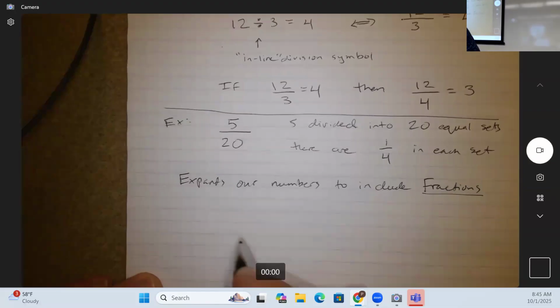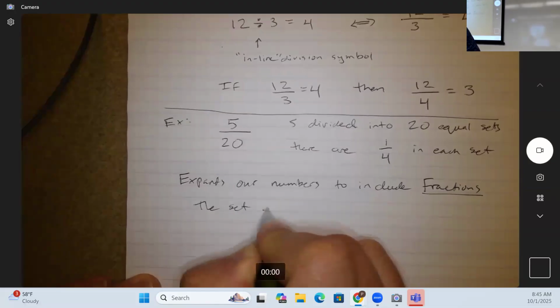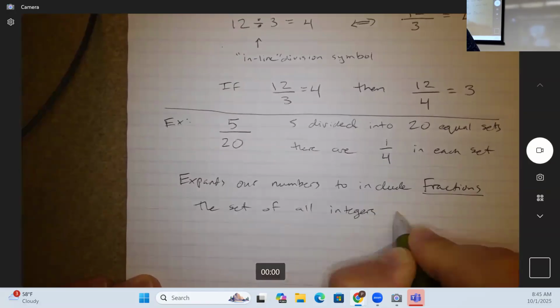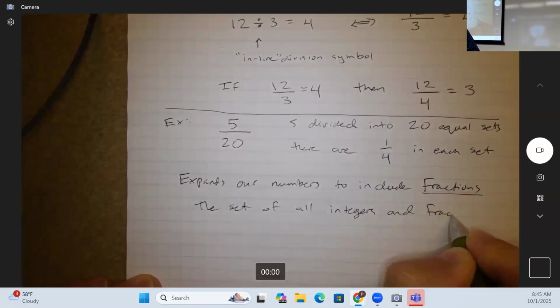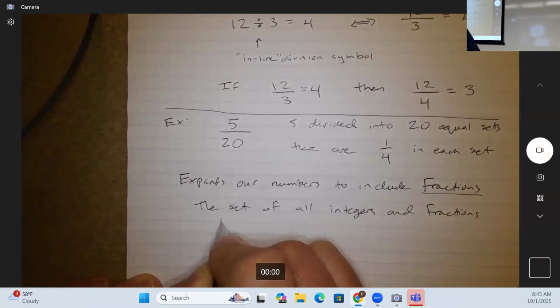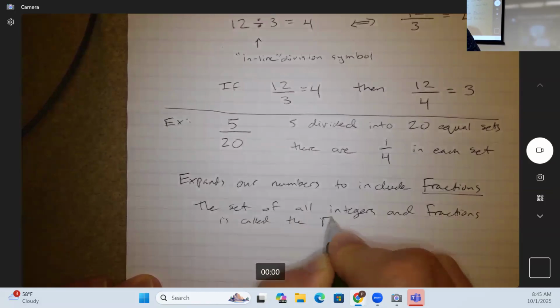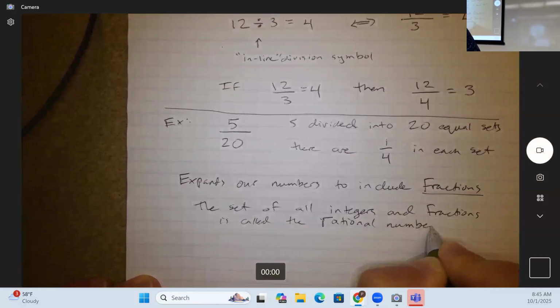and the word for this set, the set of all integers and fractions, positive and negative, is called the rational numbers.